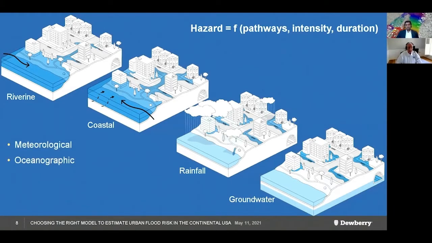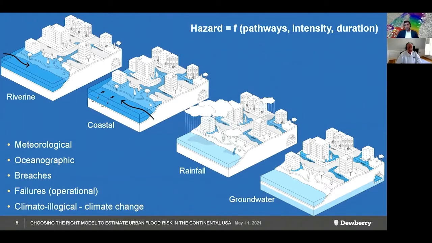So causes of any of these events would be meteorological, oceanographic, event-triggered or operations failures, including levee or dam breach, and accelerated climate change due to anthropogenic activity that in turn impacts many of the factors.